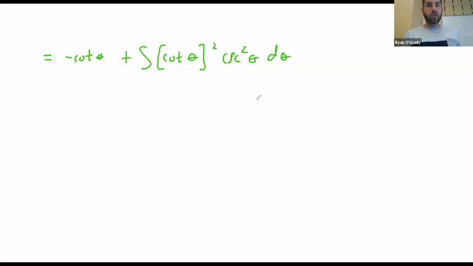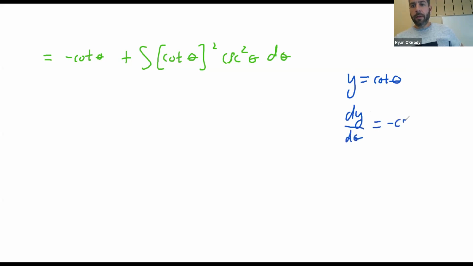Okay, now I'm going to use a substitution. I'm going to let y equal the cotangent, and then dy d theta is negative the cosecant squared d theta. So this is the substitution I'm going to use.